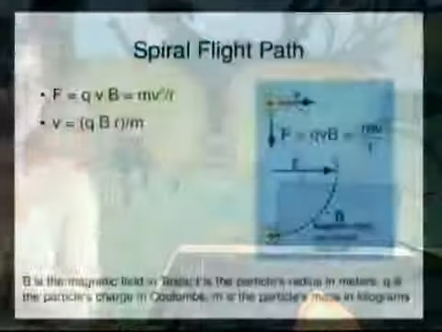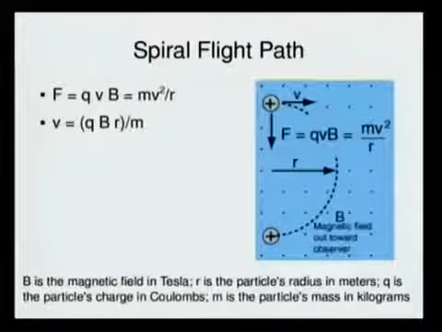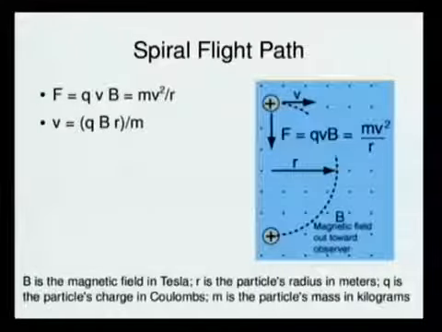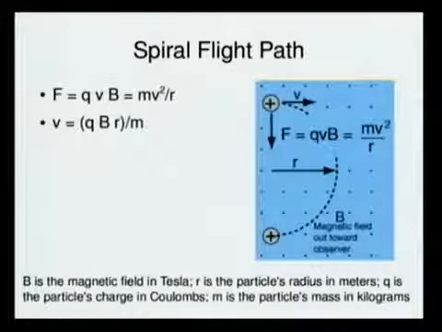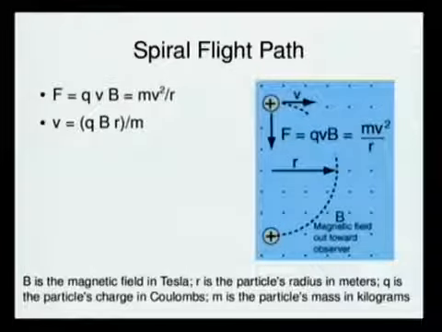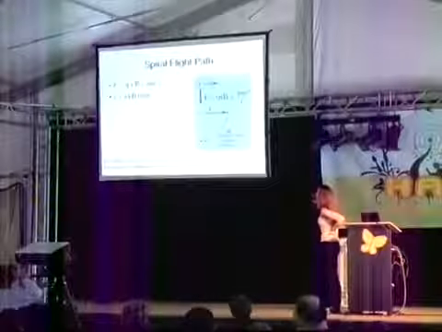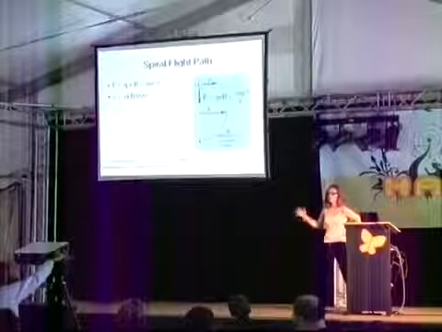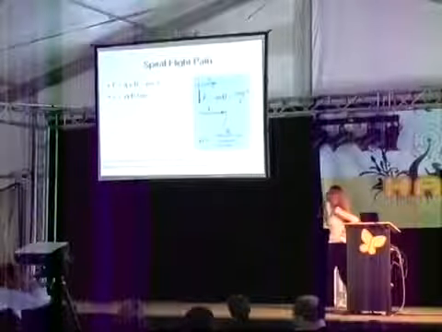Now, talking more about the spiral flight path. You have the force is QVB, just the scalar quantity of the force. And that's a centripetal acceleration. And the formula for centripetal acceleration is mv squared over r.